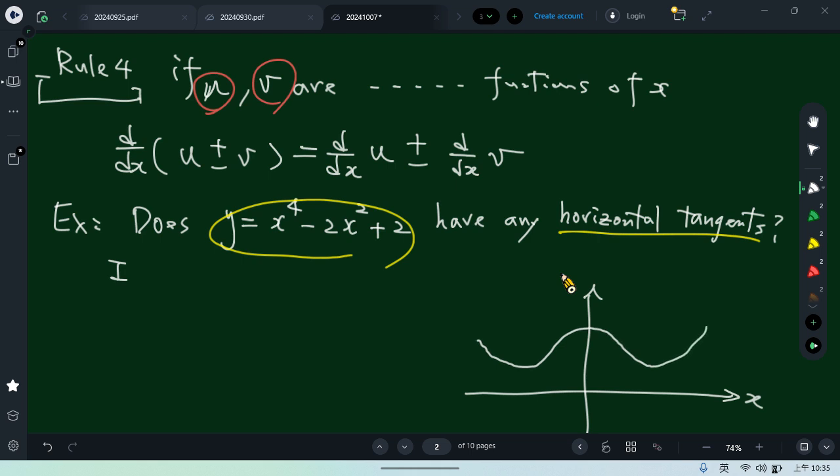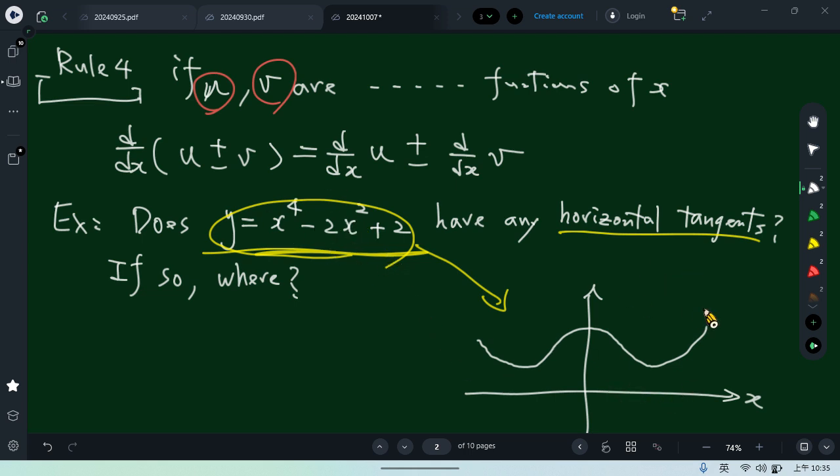When the question asks whether there are any horizontal tangents, and if so where, once you draw it according to this function, you can find them like this.